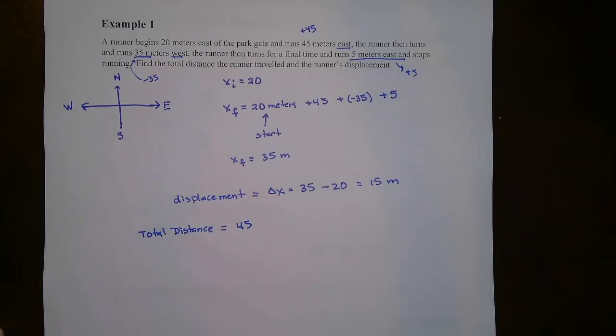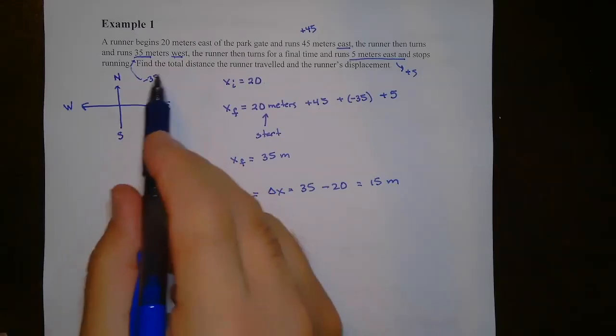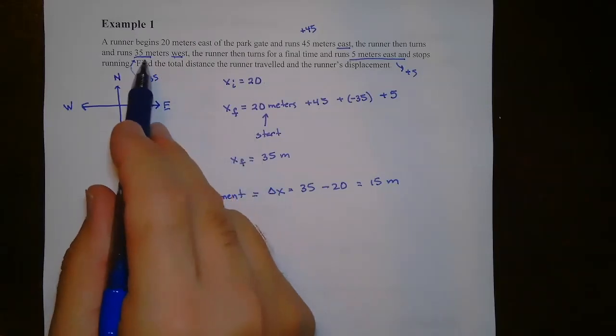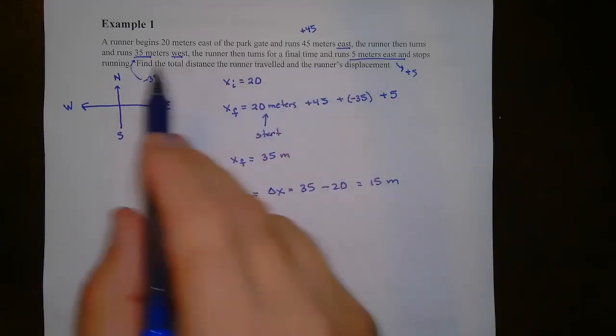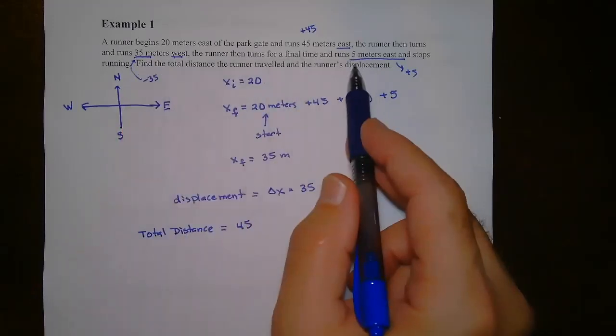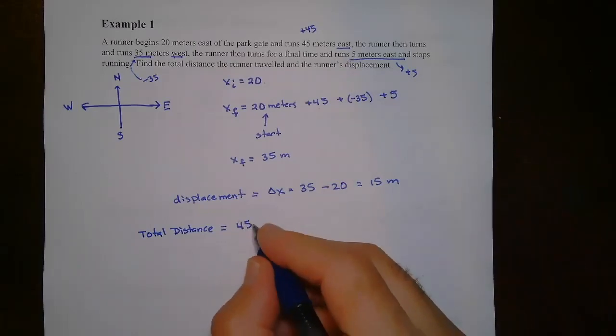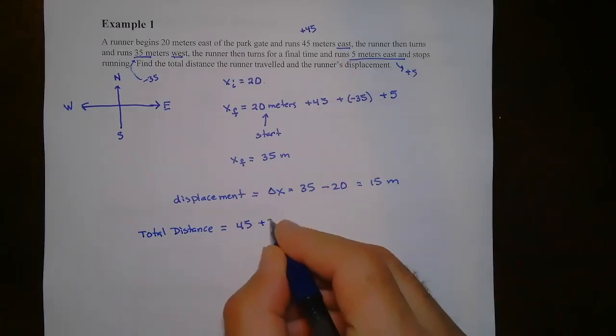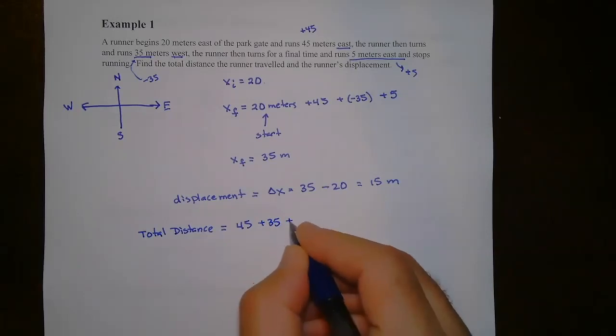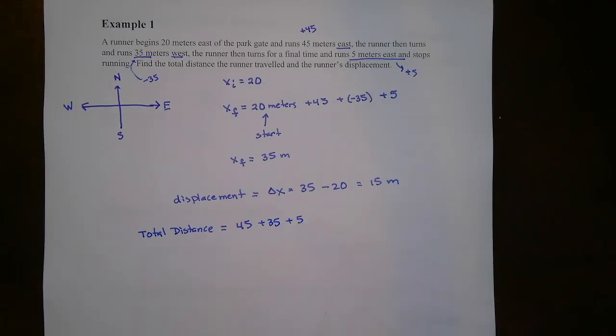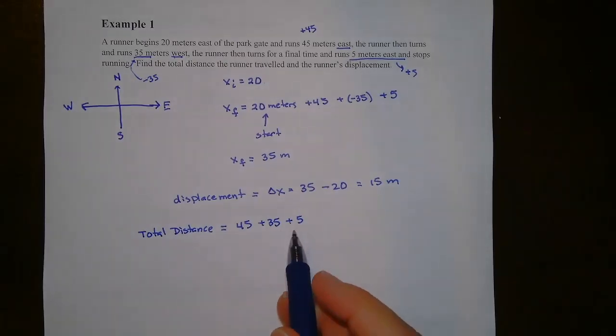So when we talk about distance traveled, we don't worry about the positive or negative because we went 45, we also went 35, and we also went 5. So we're just going to add these without the positives and negatives. So it's going to be 45 plus the 35 plus the 5. So 45 and 35 makes 80, plus 5 makes 85.